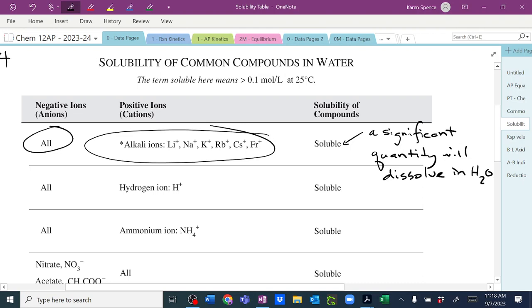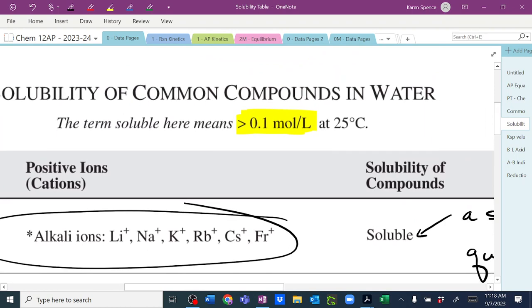Now, in this particular case, I would like you to tell me how much is considered a significant quantity. Look at your sheet. More than 0.1 moles per liter. Yes. More than 0.1 moles per liter is considered a significant quantity.